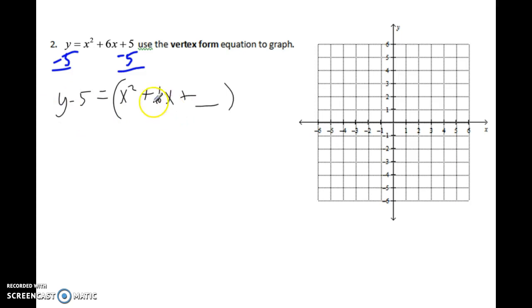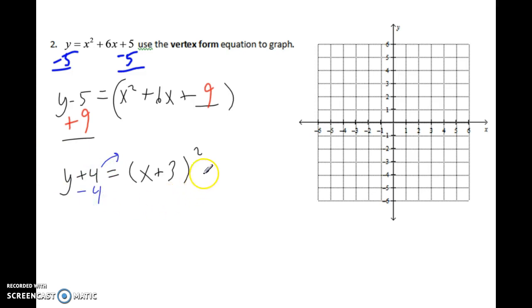Half that number squared is 9, so I'm going to add 9 to both sides. I get y plus 4 equals, this should be a perfect square, x plus the square root of 9, which is 3. Last step, I'm going to move this 4 back over, in this case by subtracting 4 from both sides.